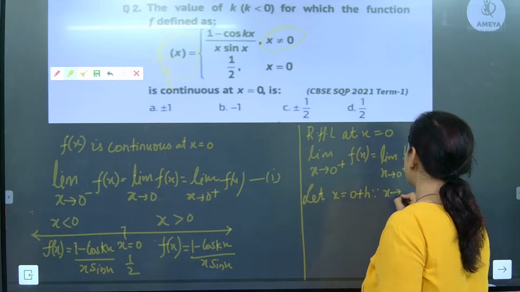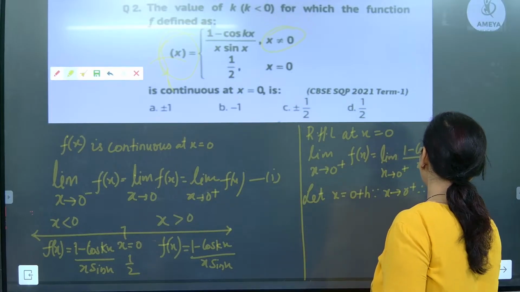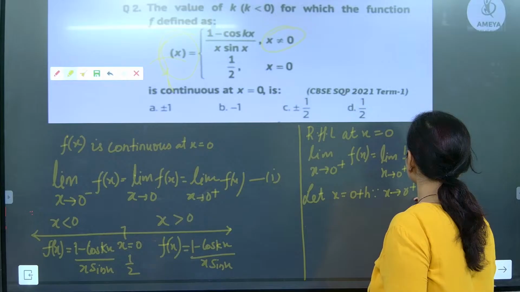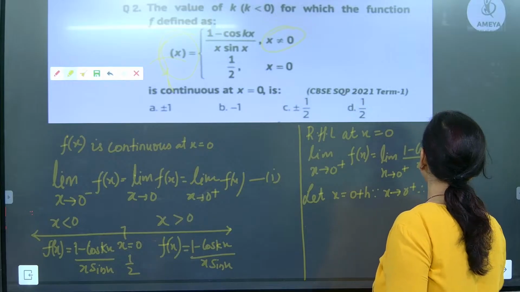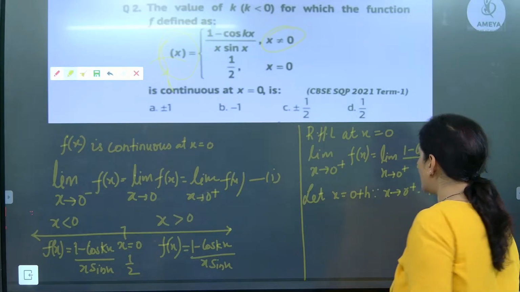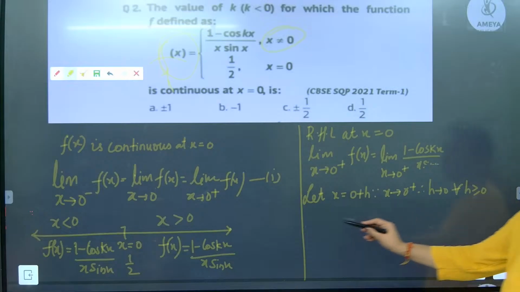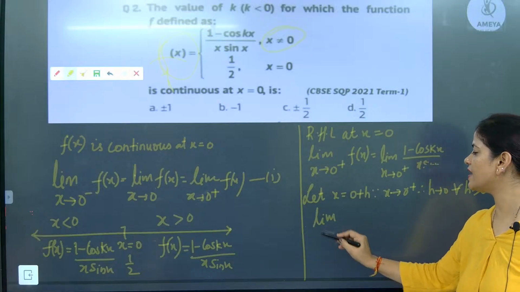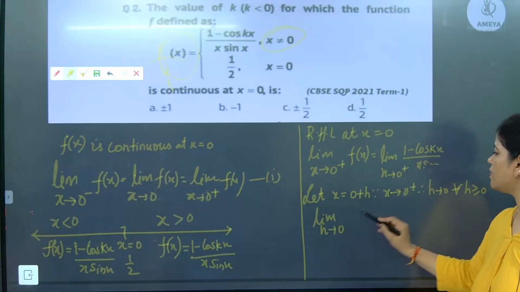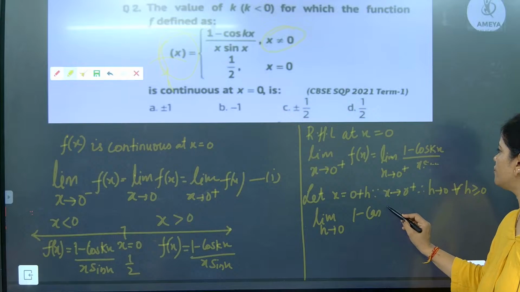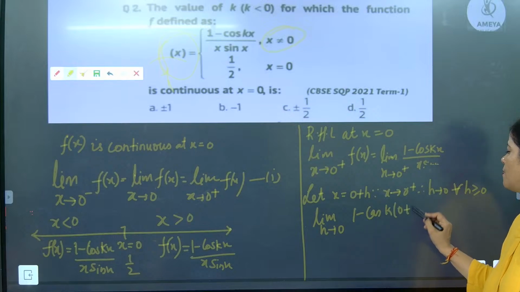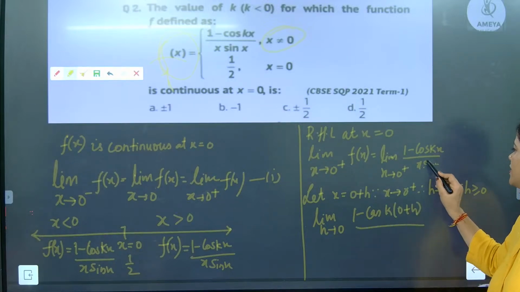Since x tends to 0 plus, therefore h tends to 0 for all h greater than 0. So once we write this, limit x tends to 0 plus becomes limit h tends to 0 of 1 minus cos of k(0 plus h) divided by what?